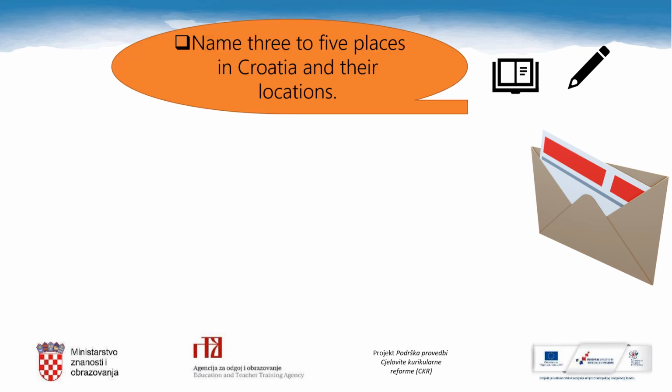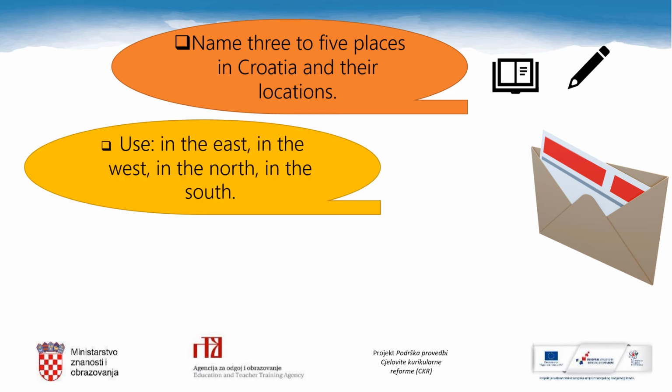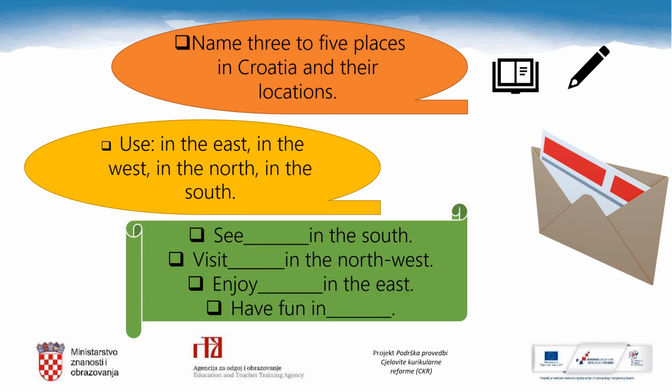So, name 3 to 5 places in Croatia and their locations. Use in the east, in the west, in the north, in the south. Invite tourists to Zadar, Zagreb or Osijek, for example.